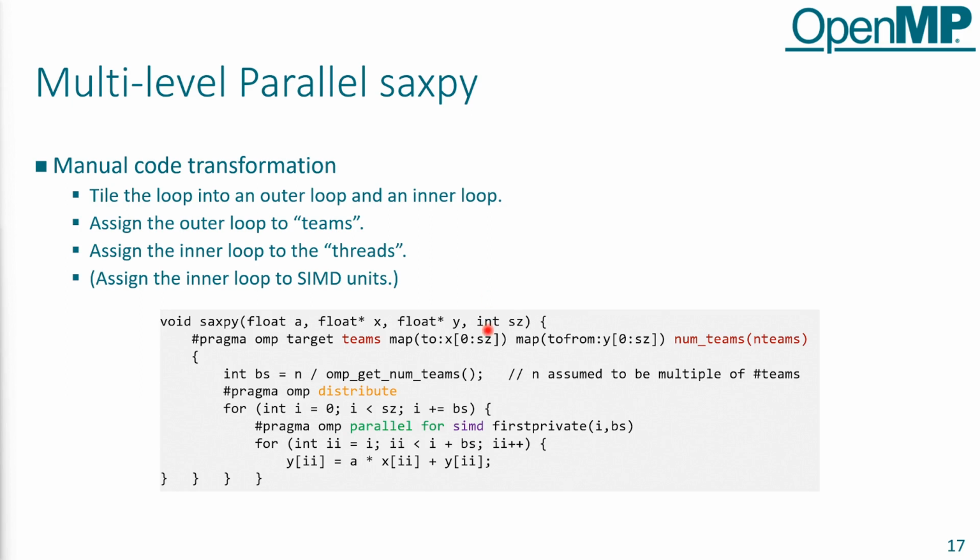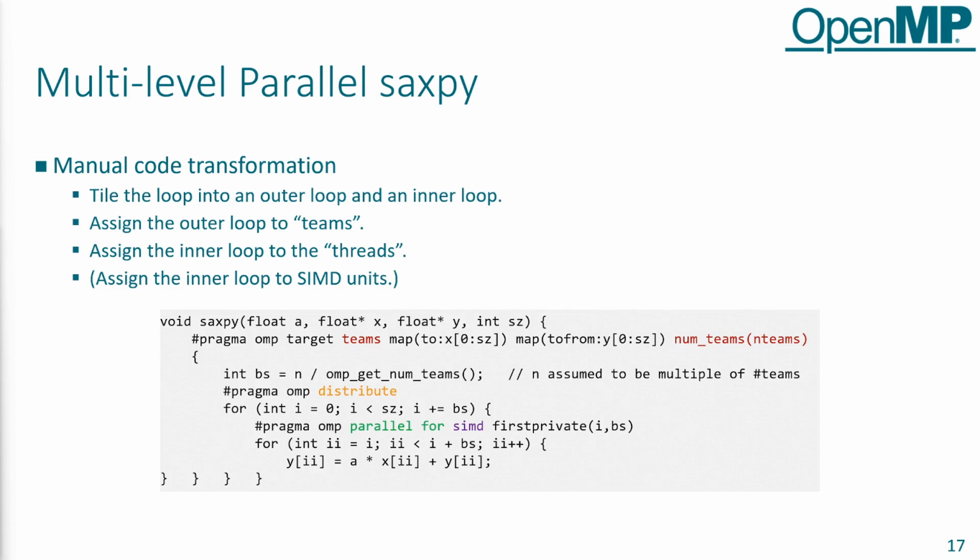So now you will see the traditional parallel for SIMD that we had on the previous slide, but now it's attached to the inner loop, which is now iterating inside a particular tile to parallelize the computation on that tile and assign it to the actual worker threads on the GPU.